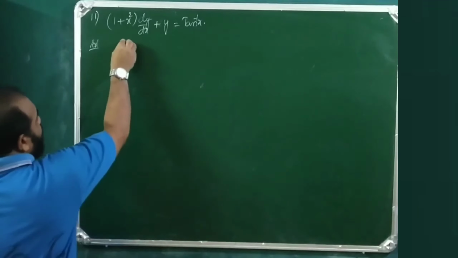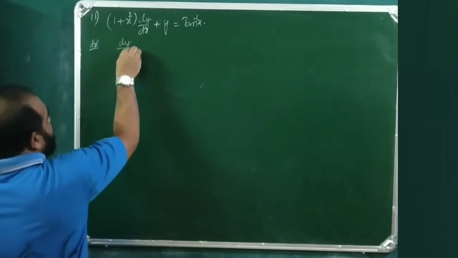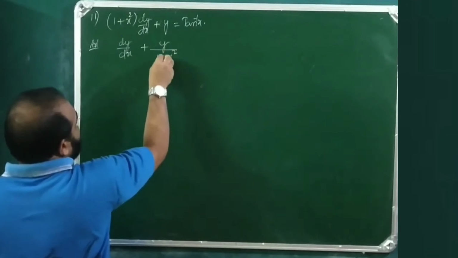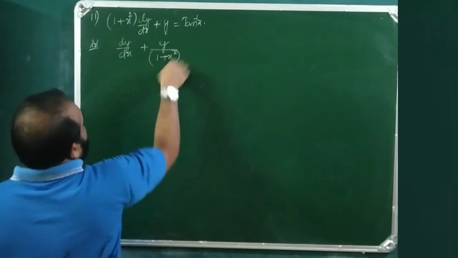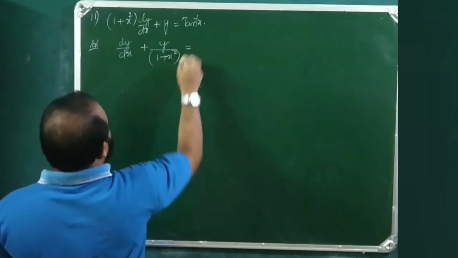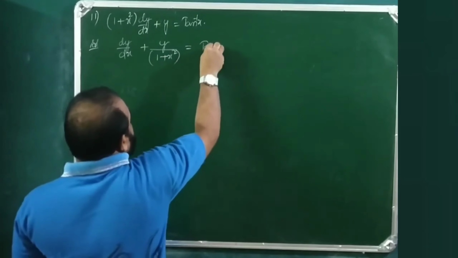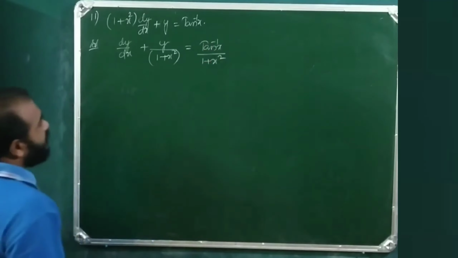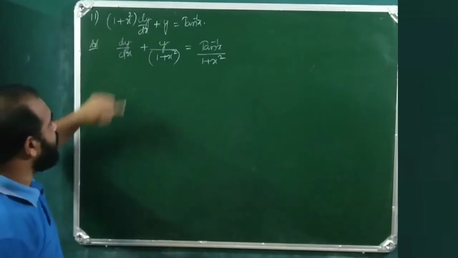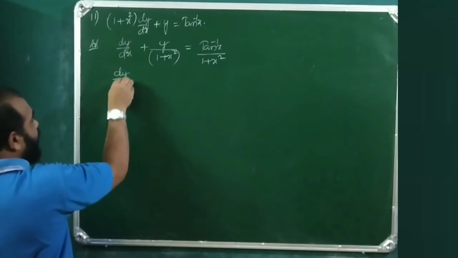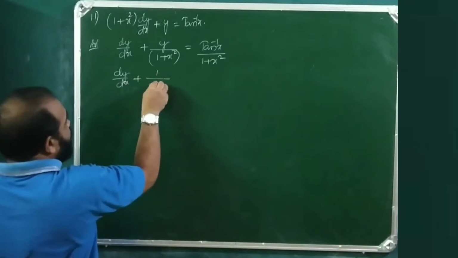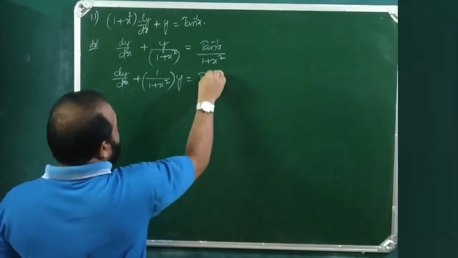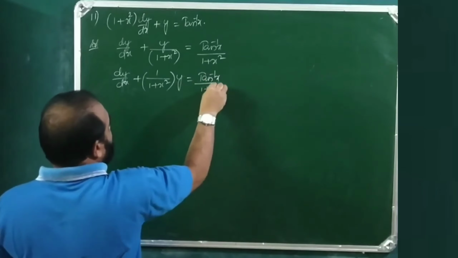Then we get dy by dx plus y by (1 plus x square) equals tan inverse x by (1 plus x square).